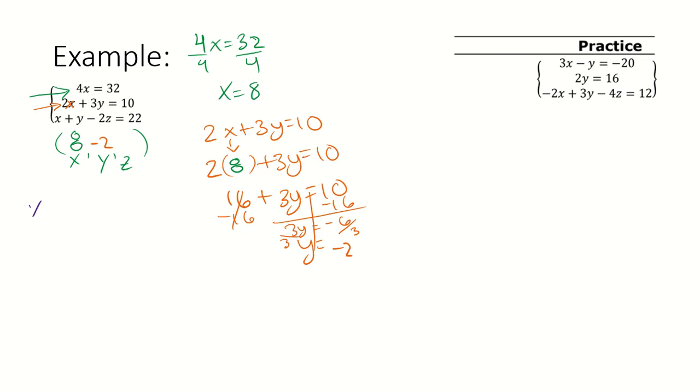The last equation is x plus y minus 2z equals 22. And again, we already have x and y. So we're going to go ahead and substitute those values. x is 8 and y is negative 2. And we're going to just copy everything else down.